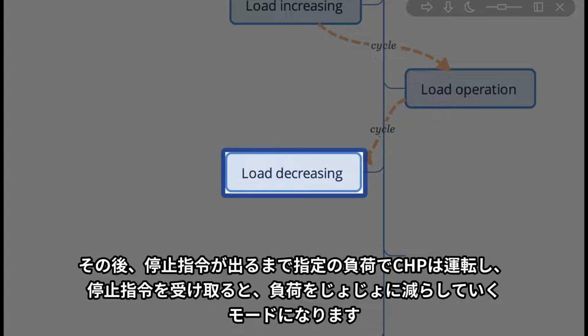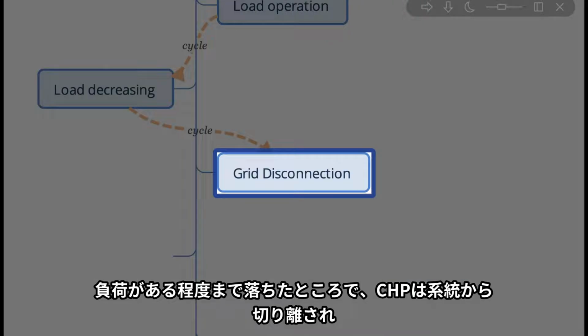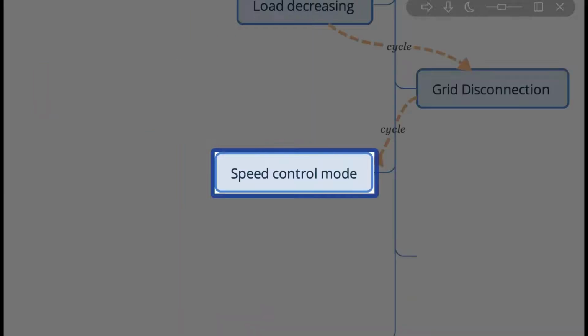Then, for example, we stop the CHP with a signal and go into the load decreasing or load reduction phase. After the load reduction phase, we go to the grid disconnection. That's the point where the generator circuit breaker disconnects the alternator from the grid.